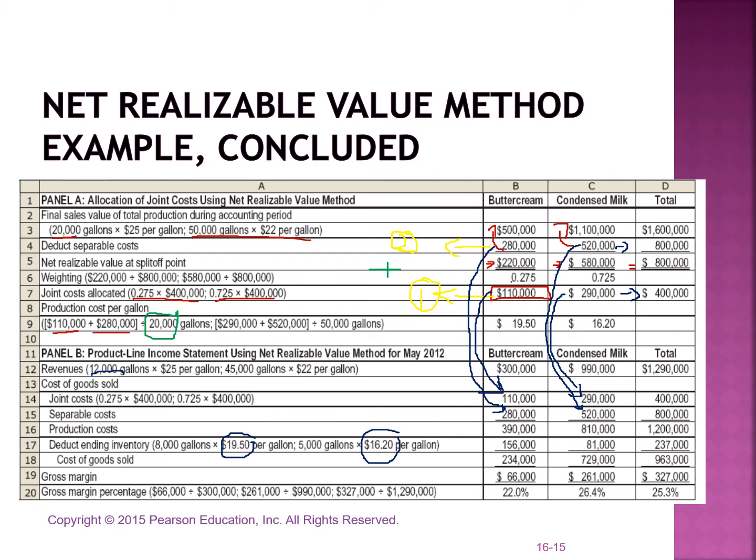And then to subtract this cost of goods sold out of the sales in order to find out the gross margin. And then the gross margin percentage by dividing the 66,000 over the 300, as you can see here, and the 261,000 over the 990,000. Okay, and at the end the total 327,000 over 1,290,000, which is 25.3.